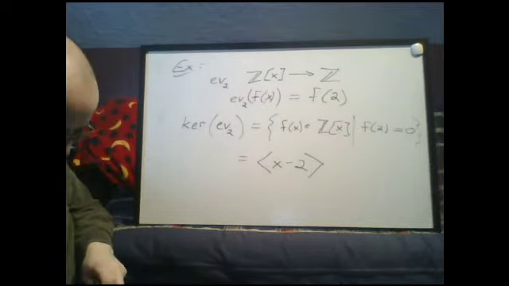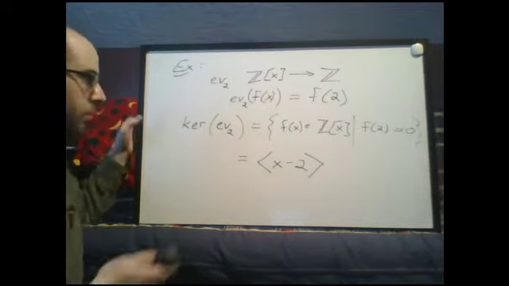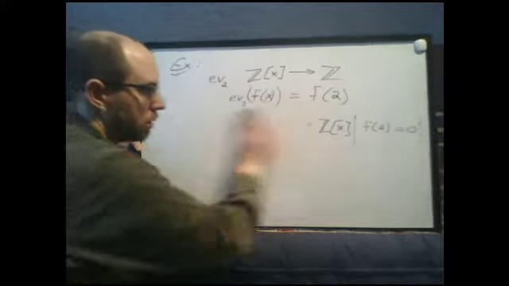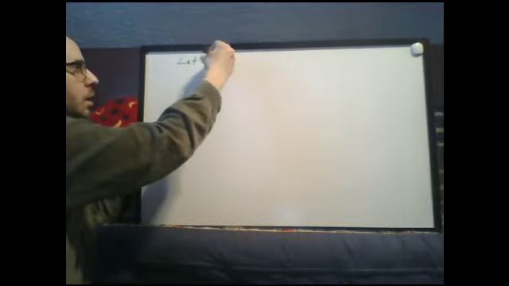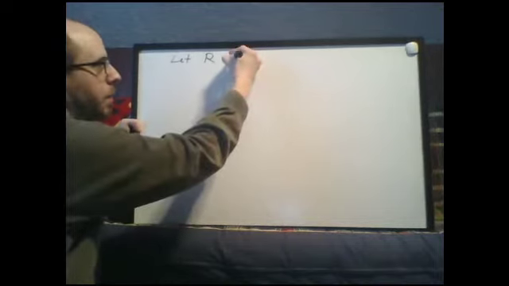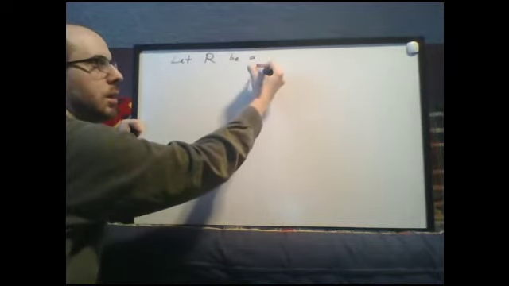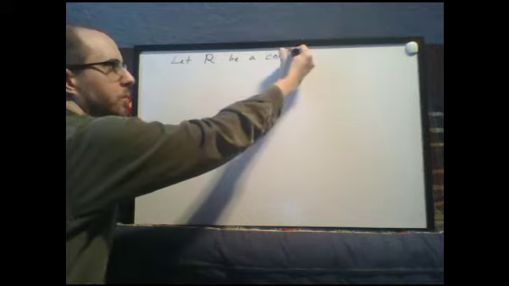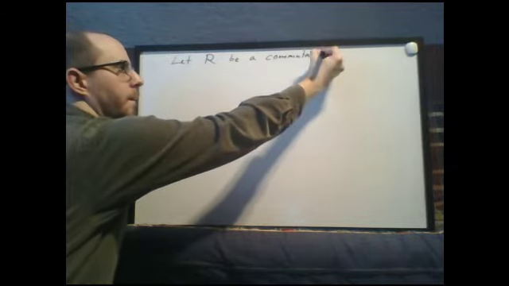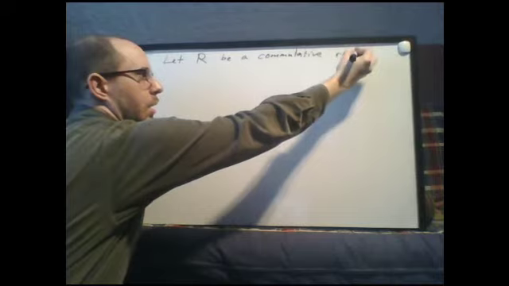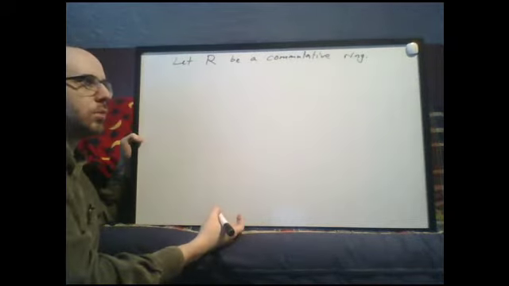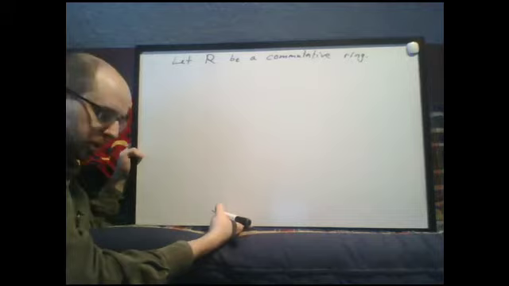Right. Okay, so because this polynomial stuff is important, let me repeat what I did there for that specific function, but in the more general case. So let R be a commutative ring, we don't need unity necessarily.